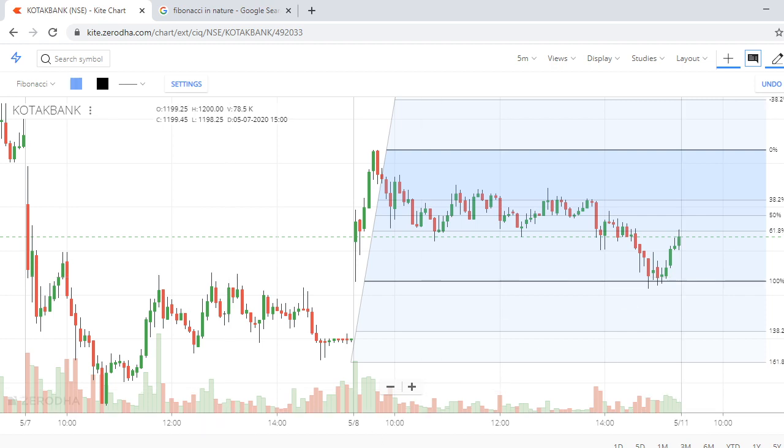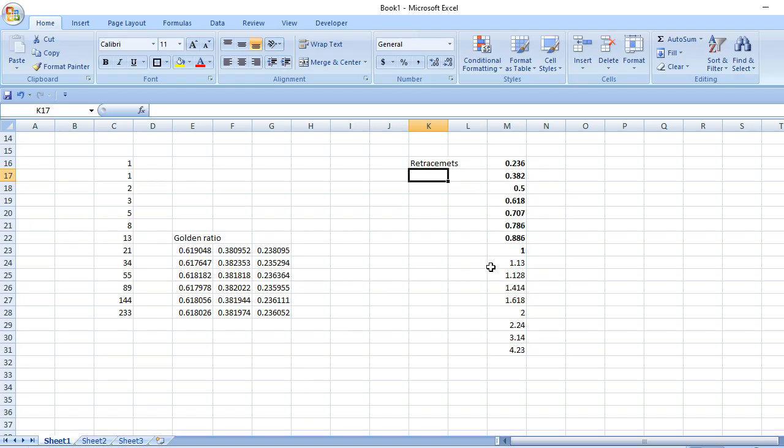Okay, and what are the other values? These are called projections. 1.13, 1.128, 1.414, these are called projections. I hope many of you might have heard about harmonics. Harmonics completely works on the principle of retracements and projections. That's it, nothing more than that.